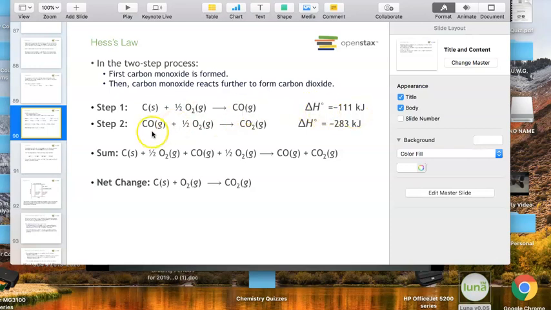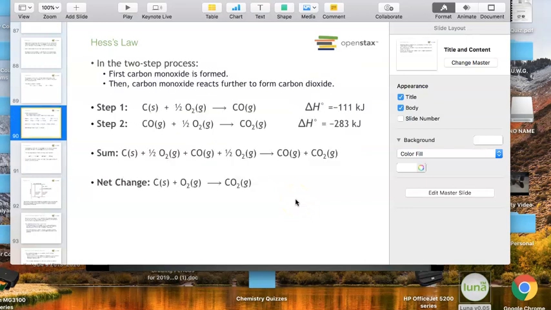Then carbon monoxide can react again with oxygen to form carbon dioxide, with its own standard enthalpy value. You can sum up these reactions so that, when you get rid of the intermediates, your net change is the same as your one-step process.